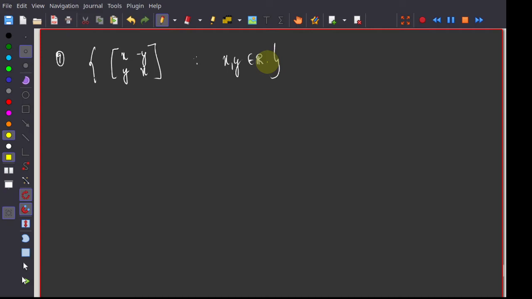No, B will be what? So A will be x1, minus y1, y1, x1, and B could be x2, minus y2, y2, x2. So you have to verify that if I multiply two such matrices, firstly it follows this specific form. I should be able to show that the product is equal to some x3, minus y3, y3, x3.